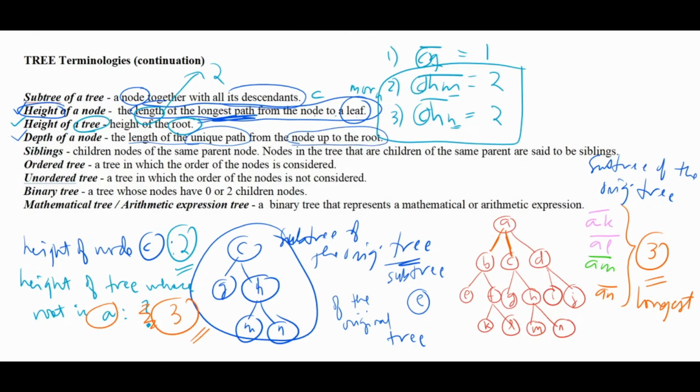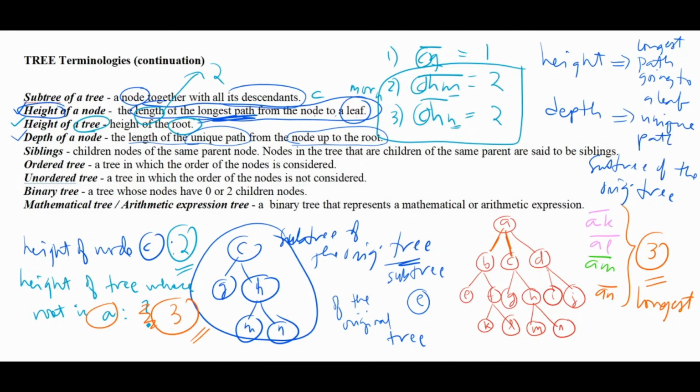So take note that when you're going to get the height of a node or the tree, you are going to find the longest path going to a leaf. While if you're going to get the depth of a node, you're going to consider only one unique path. Okay, there is one unique path to consider, and that is from the node to the root.